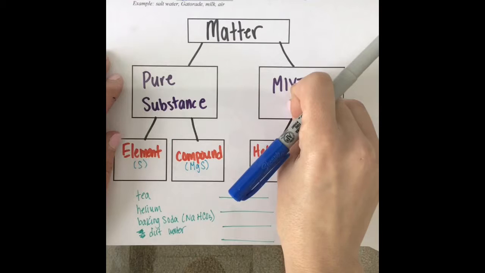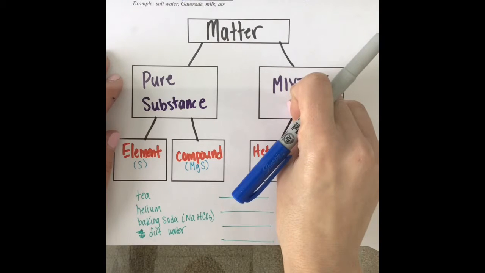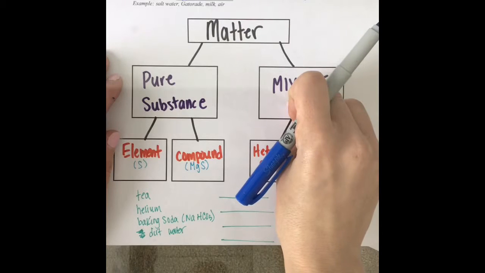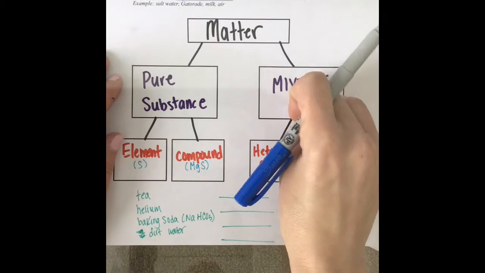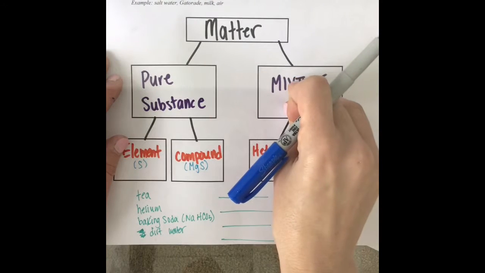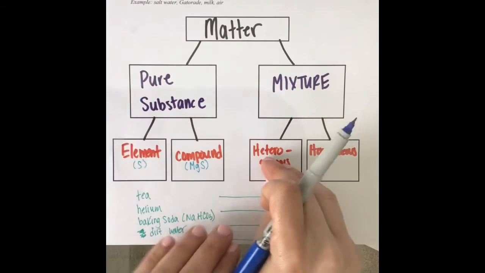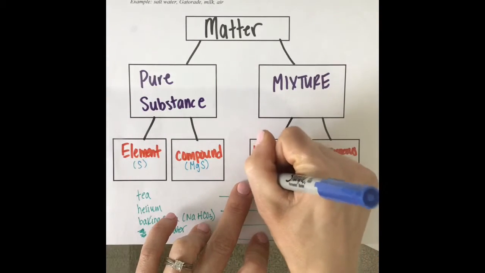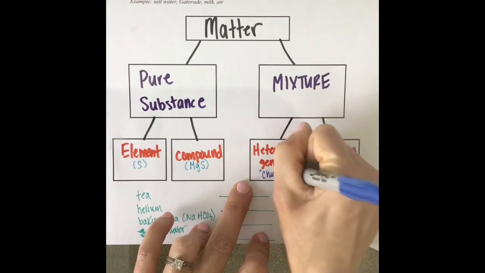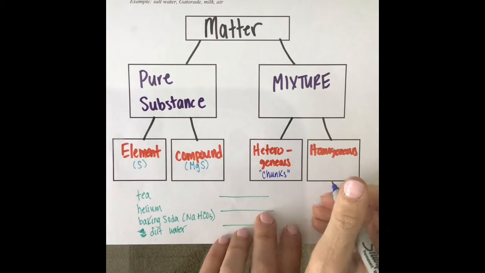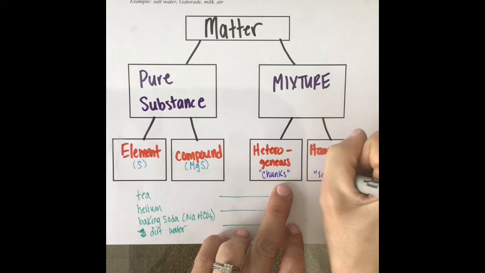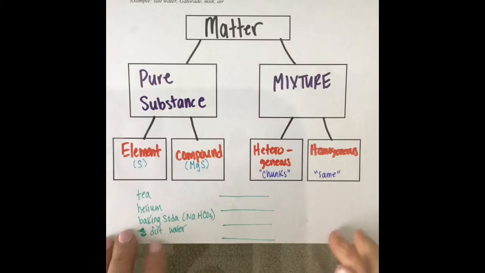It is a mixture because it can vary in the way that it's made. You could add 2 tea bags, you could leave it in there for a long time and make strong tea or weak tea. You get the idea. It can differ. So it's a mixture of tea and water. Now you must decide, is it heterogeneous, meaning does it have large chunks or pieces, or does it look the same throughout?